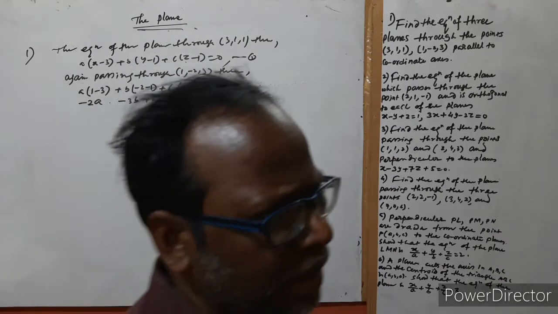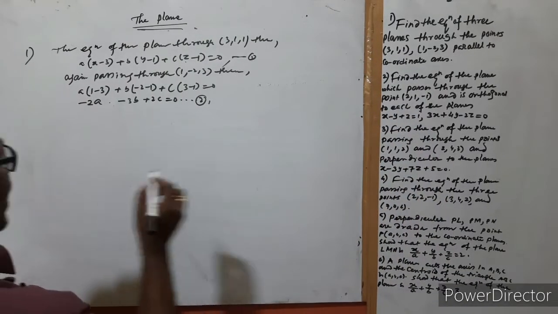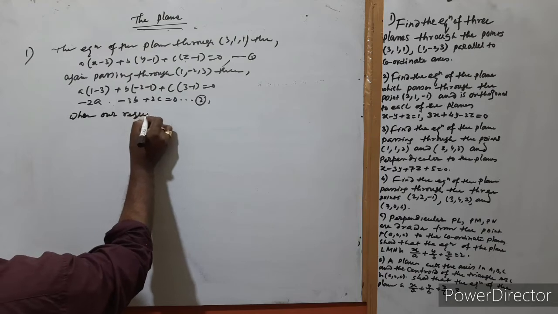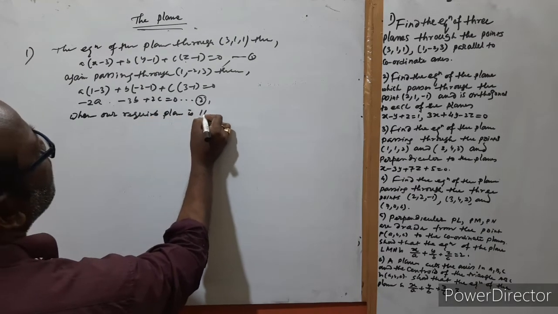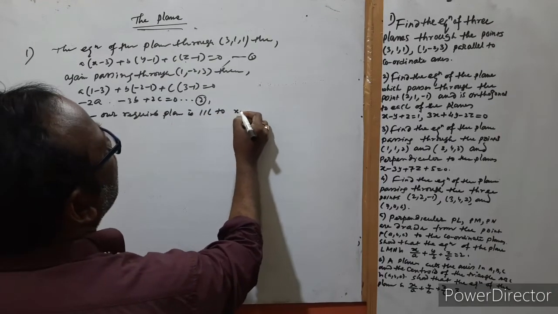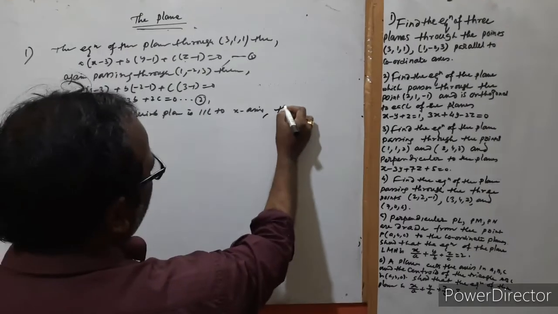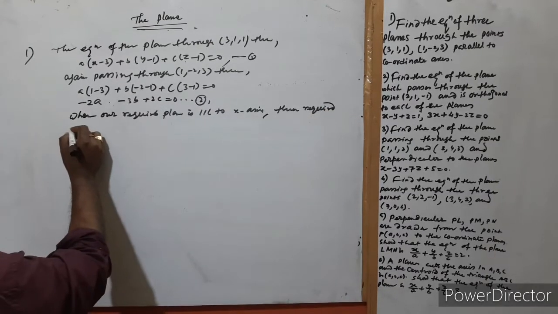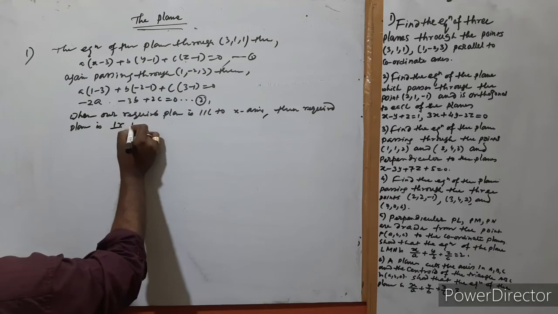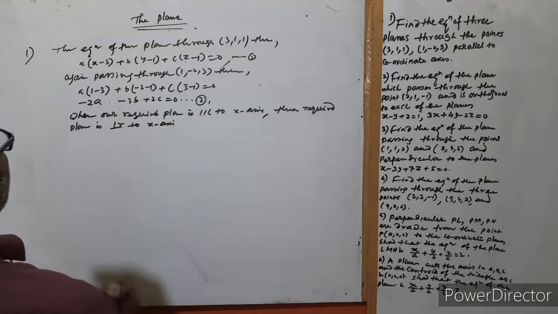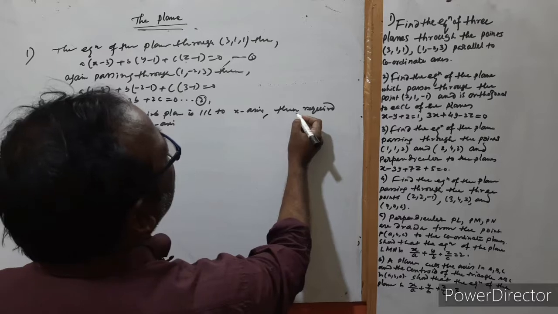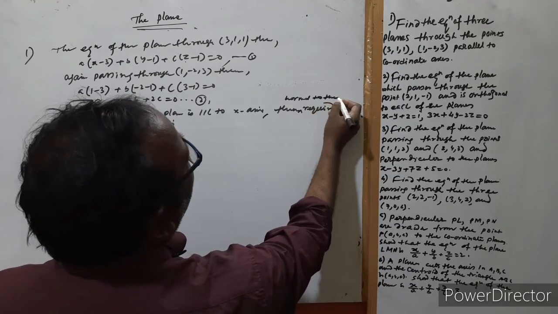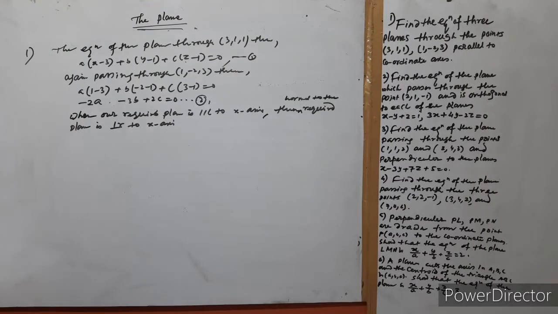And parallel to the coordinate axis, okay, when our required plane is parallel to the x-axis, then the normal to the required plane is perpendicular to the x-axis.